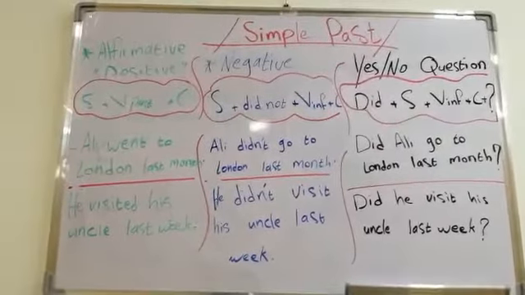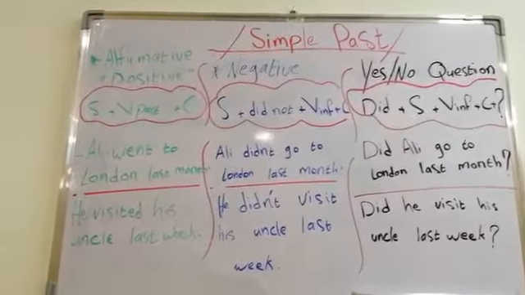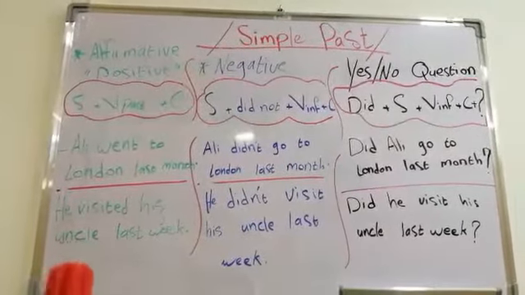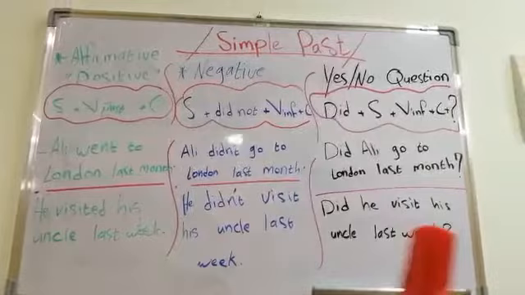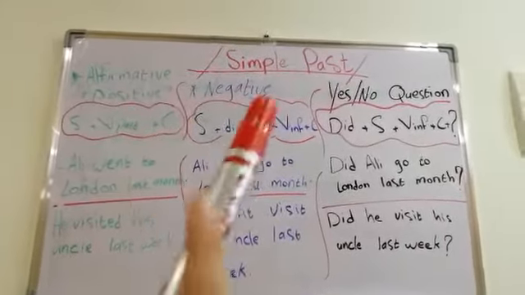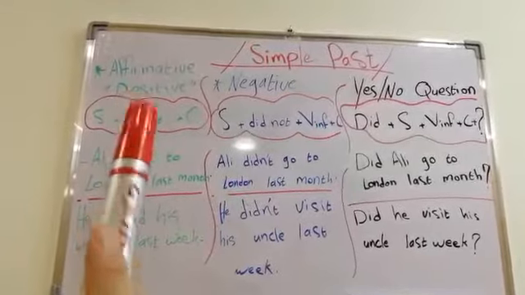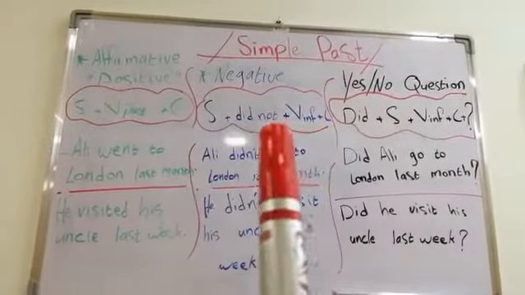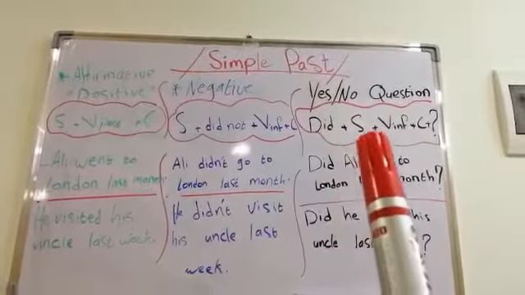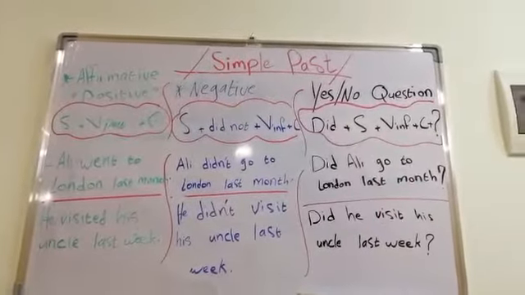Okay, student, here we have three forms of simple past. You have to use simple past in the affirmative form, in the negative form, and with yes or no questions.